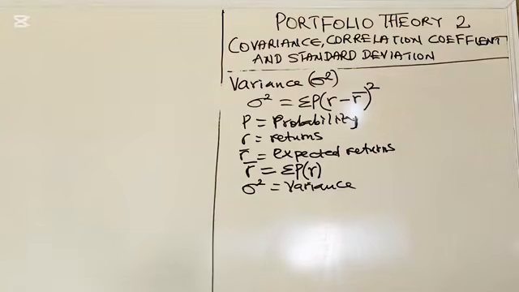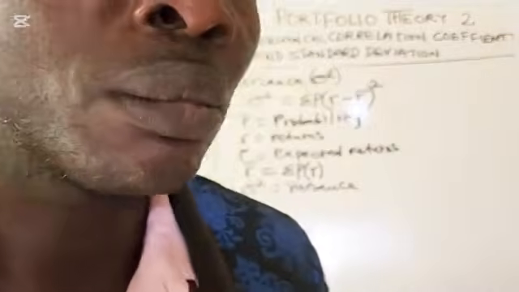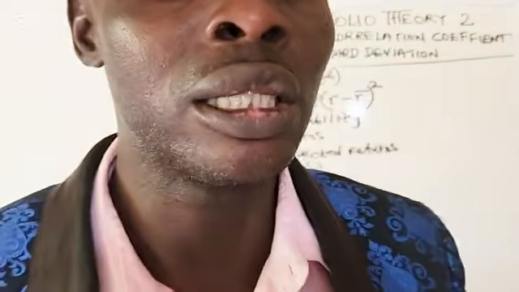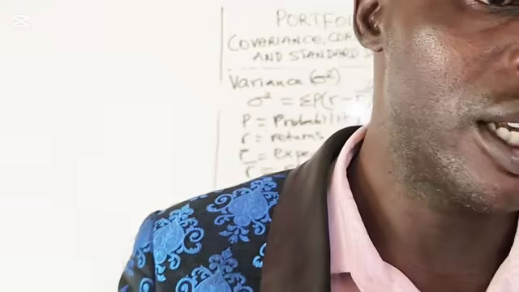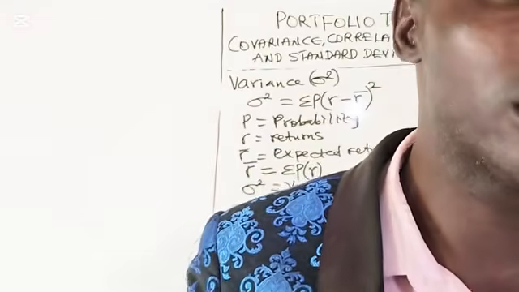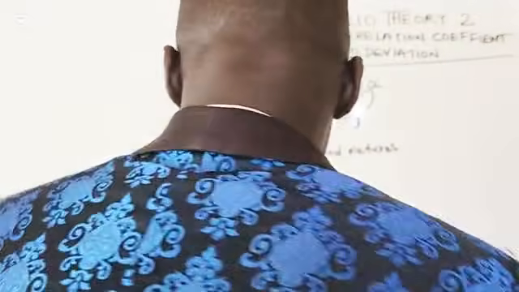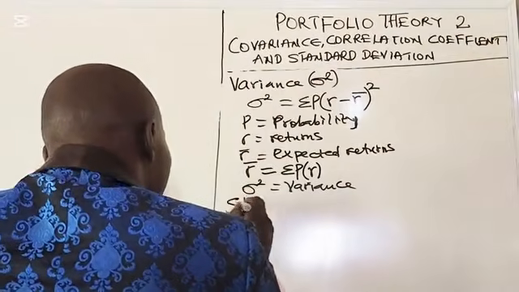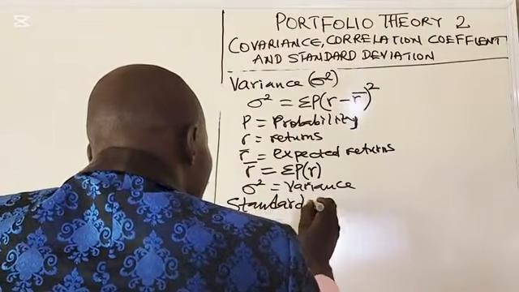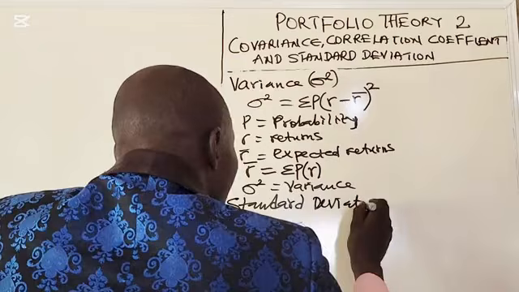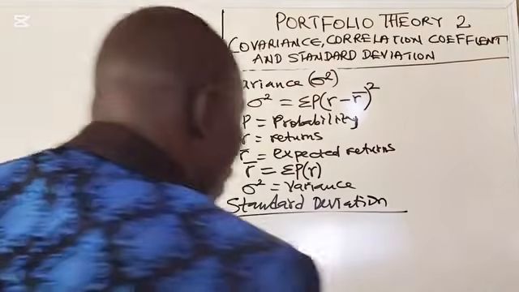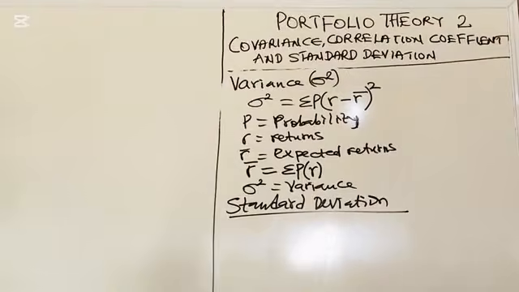Having known the formula for calculating the variance, we therefore want to examine the standard deviation. Remember, variance measures spread. What is standard deviation? Standard deviation is the square root of variance. That means before you can calculate the standard deviation, you must know the variance.